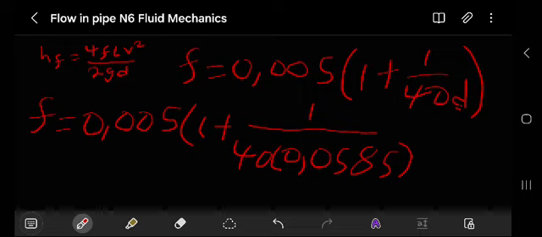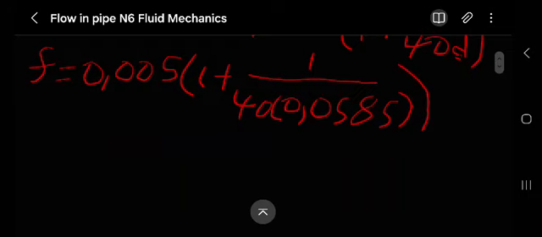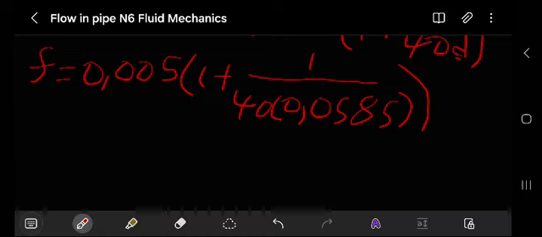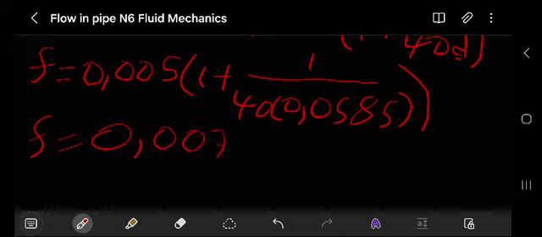Then we multiply all of this. When you punch your calculator, 0,005 into 1 plus 1 over 40, multiply this. We're supposed to get that our F must be equal to 0,0071, right?